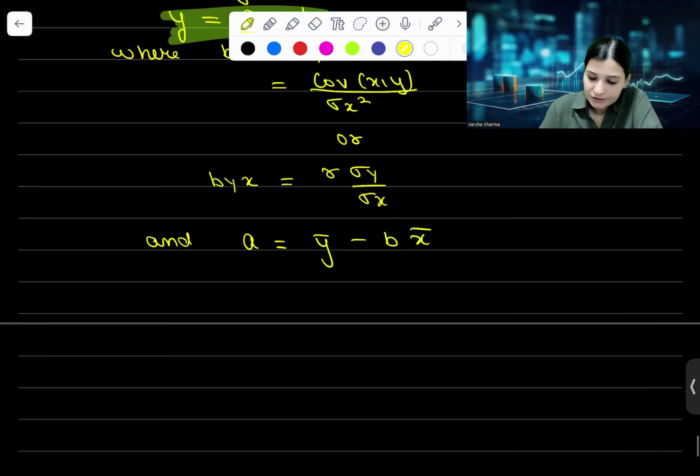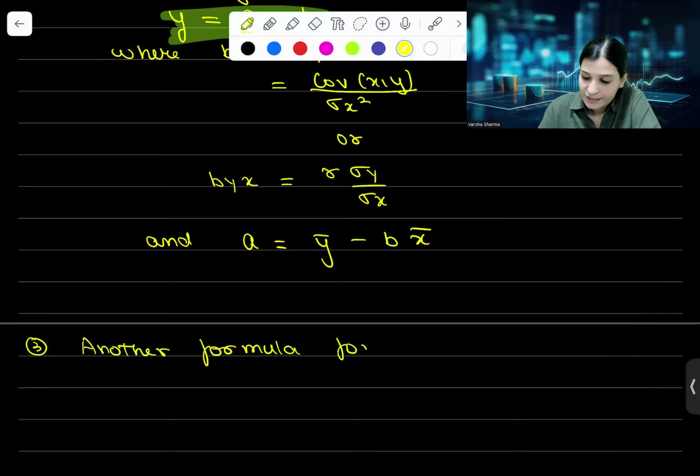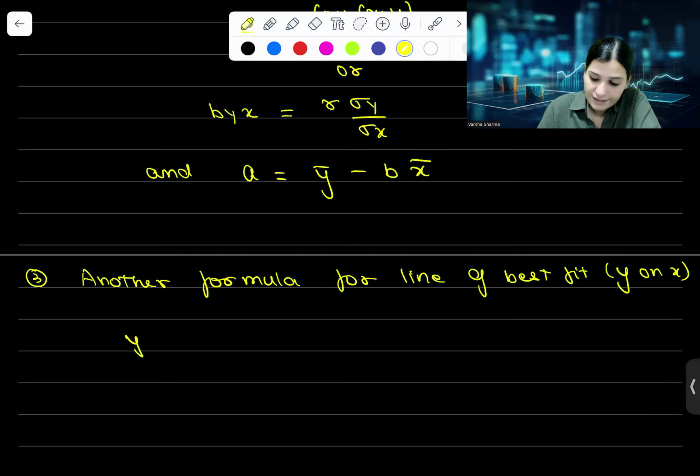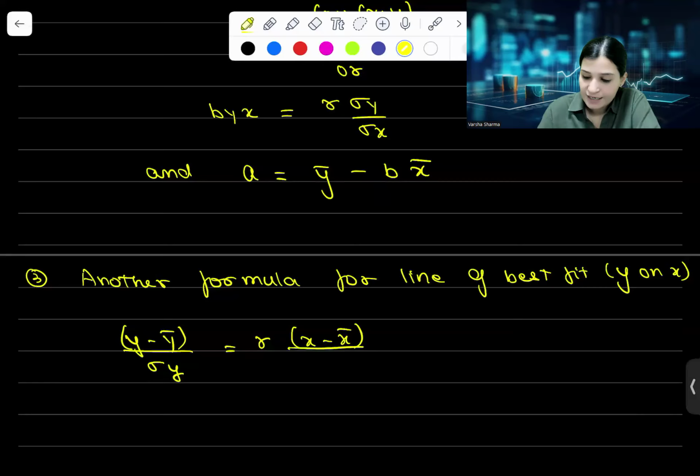There is another formula, a third one, for the line of best fit y on x: y minus y bar over standard deviation of y equals r times x minus x bar over standard deviation of x.